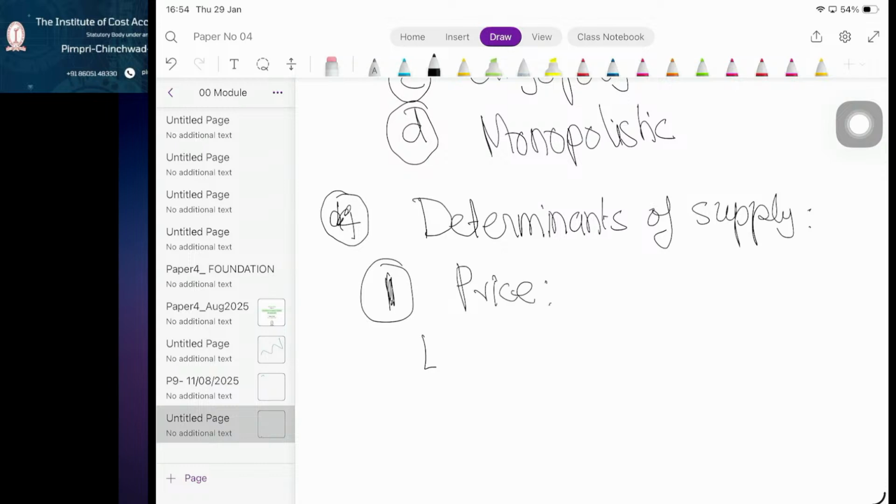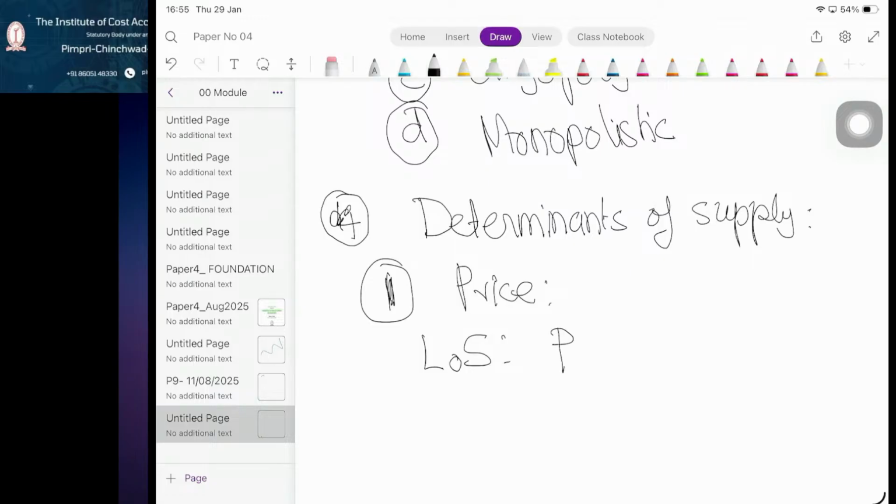What is the law of supply? It comes from sellers, other things remaining constant.